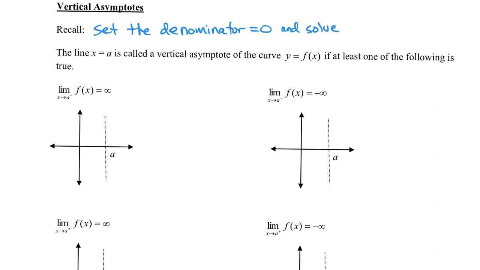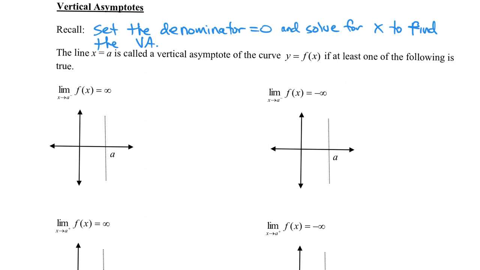Typically it'd be x, whatever the independent variable is. You solve for x, and you would do that to find the vertical asymptote. And the answer would be x equals some number, and that would be the vertical asymptote.